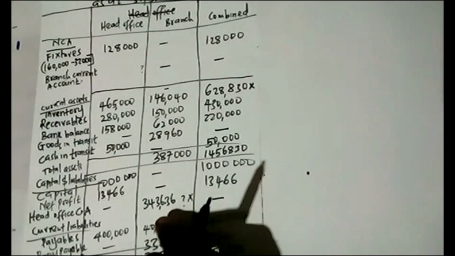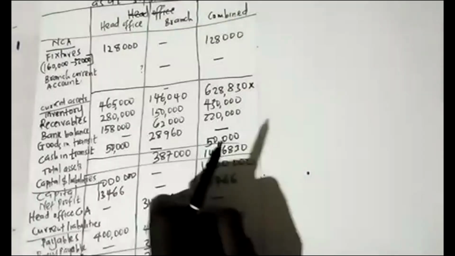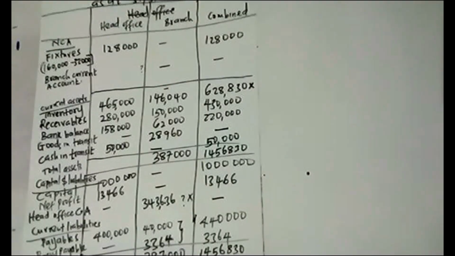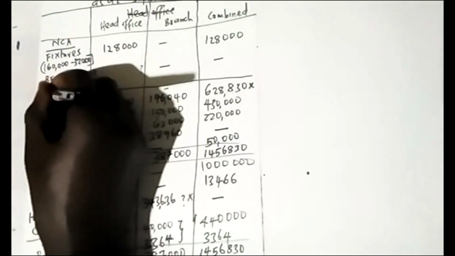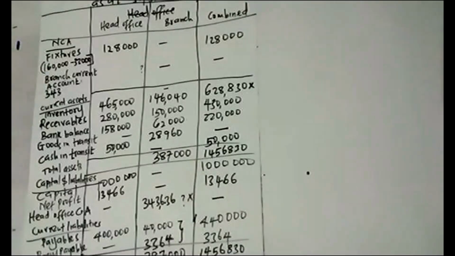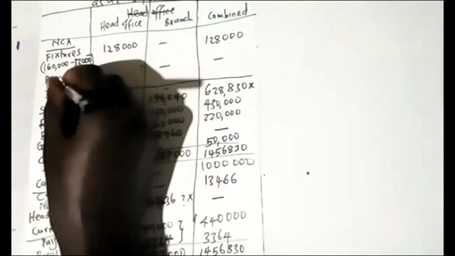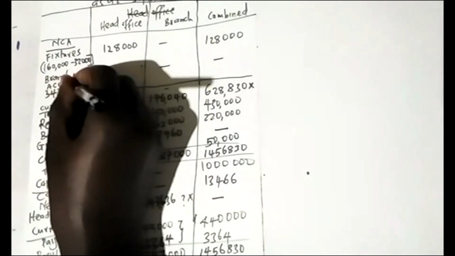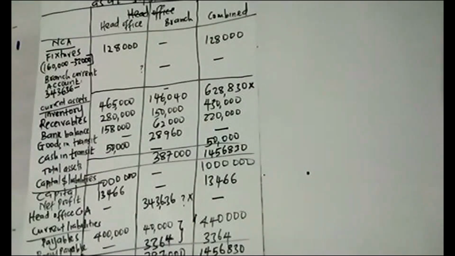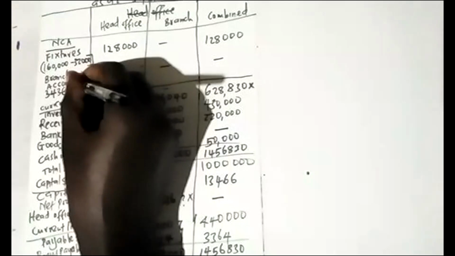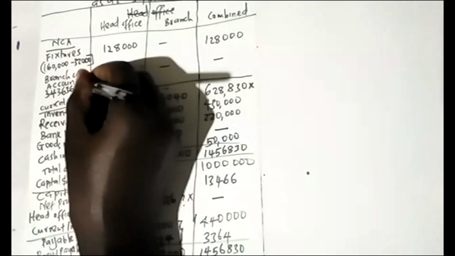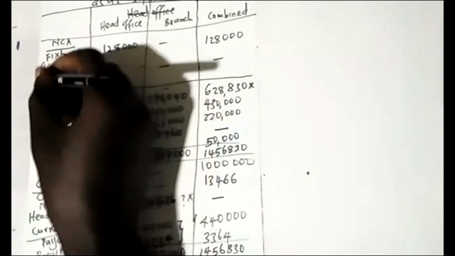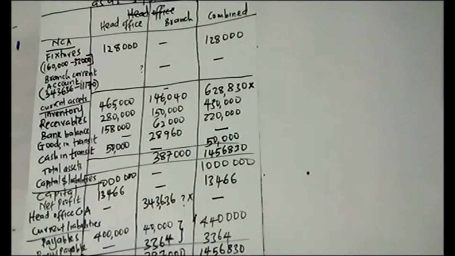Which means that this one is supposed to be 343,636. But the only thing I will subtract here is the unrealized profit of 11,170, because there were some goods sold by the head office to the branch, and the branch never sold all of them.